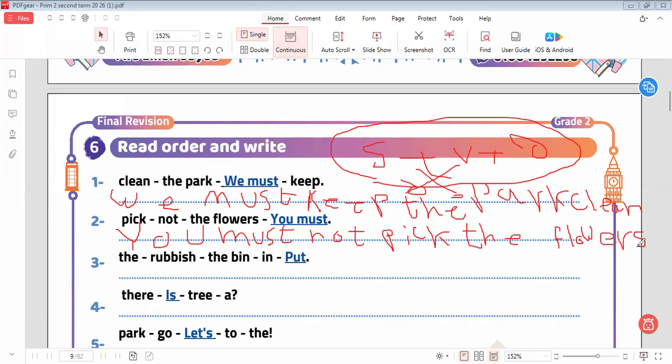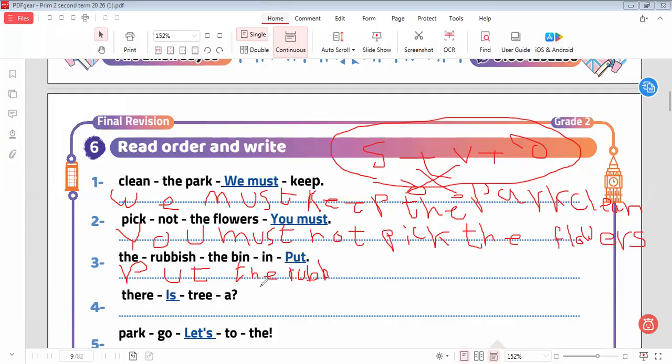The next one will be: put the rubbish in the bin. Here we start with the verb, because when we make an order or an obligation, or use the imperative form, we must start the sentence with the verb.